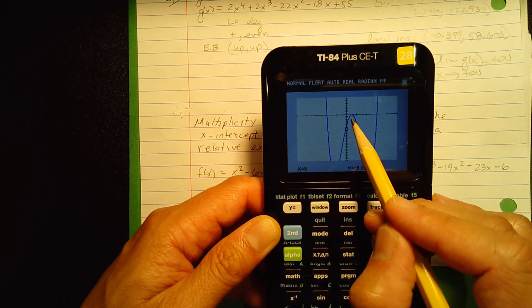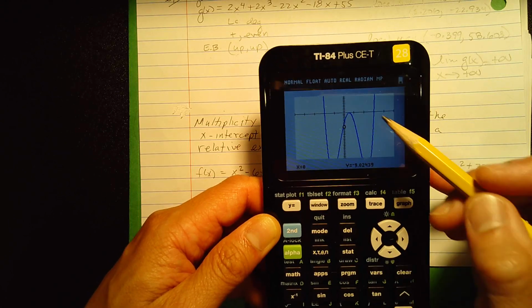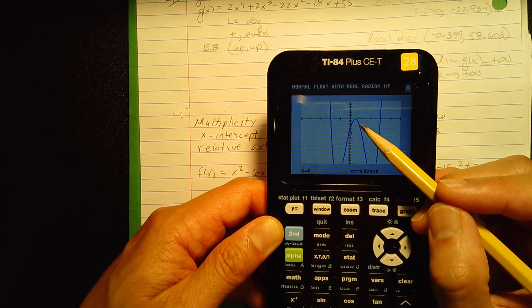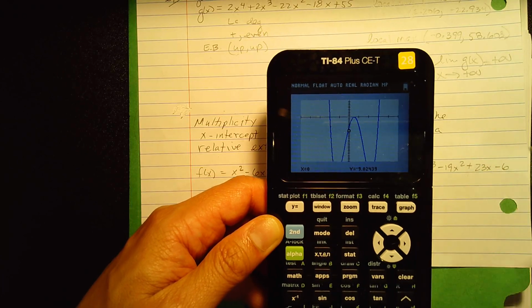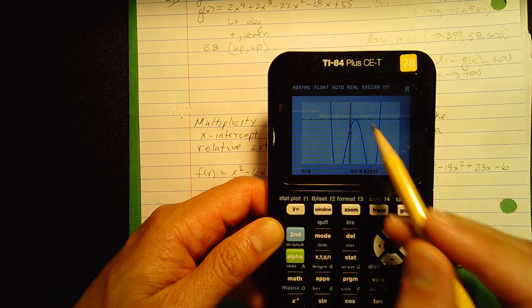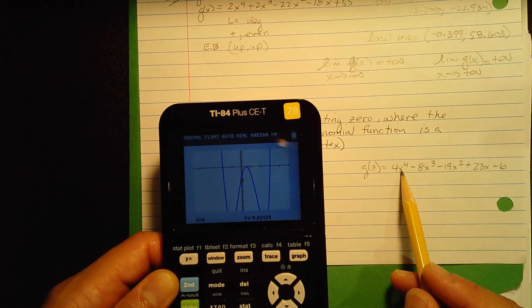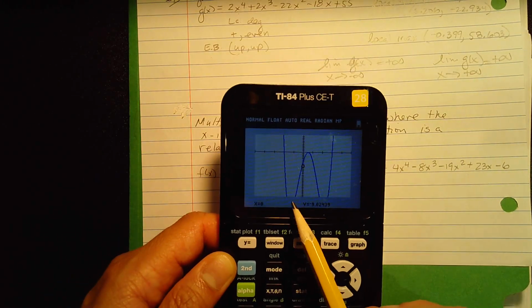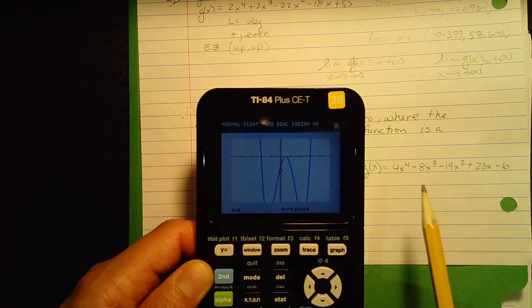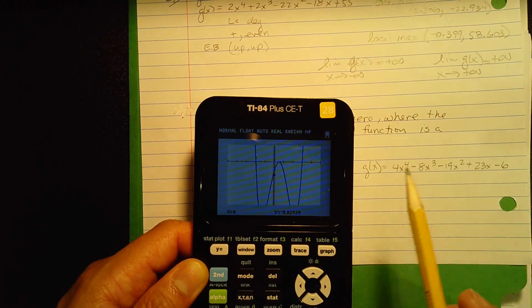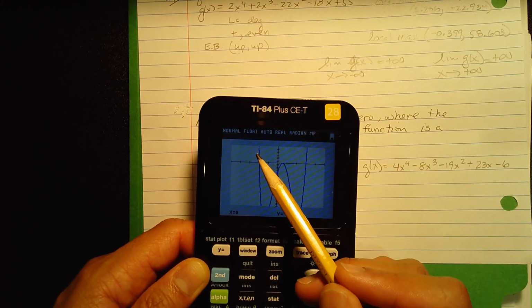Because again, when a local extrema is an x-intercept, it's a repeating zero. They call it a multiplicity because there's more than one of the same x-intercept. And we've noticed that if this is x to the 4th, we have 3 curves. 1, 2, 3. Positive even, we also know that end behavior is up, up.